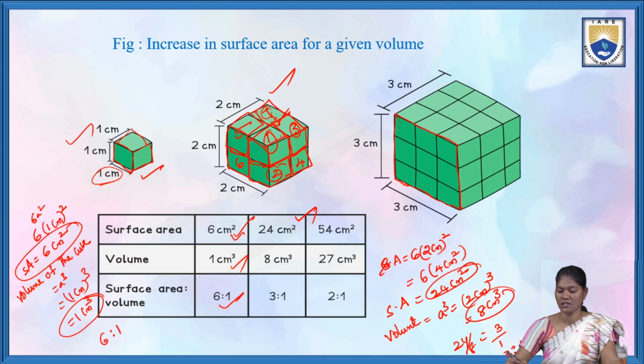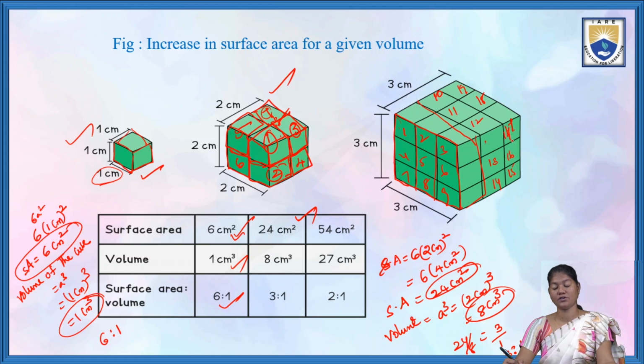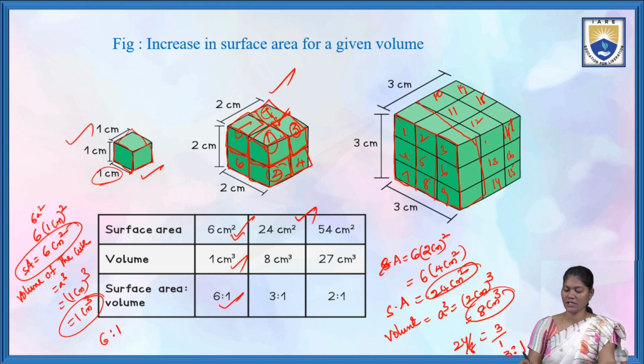Here we count 1, 2, 3 up to 19, and parallelly downwards we have 9 cubes, so that totally it is divided into 27 pieces.